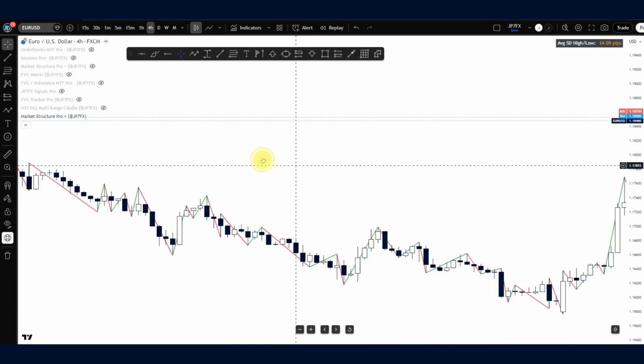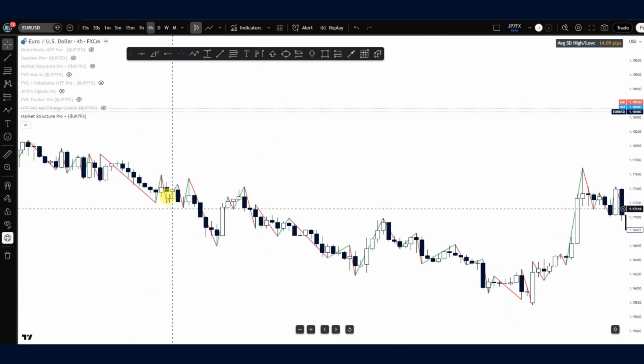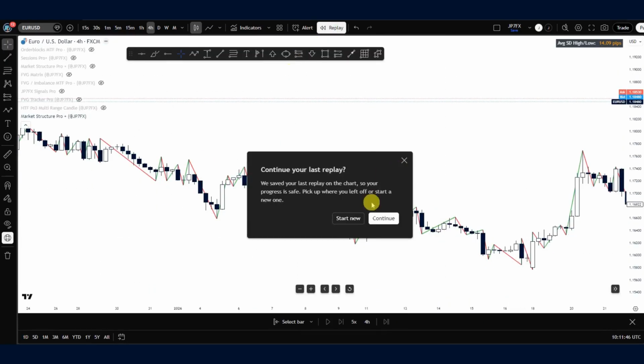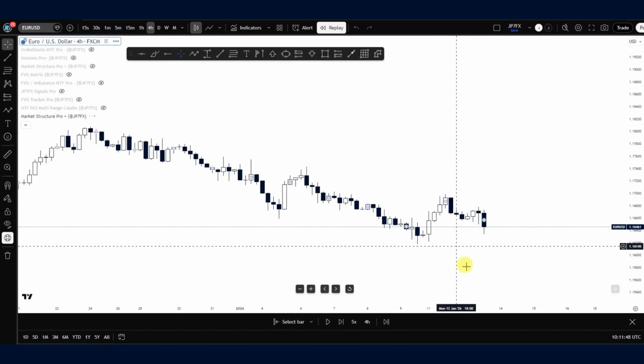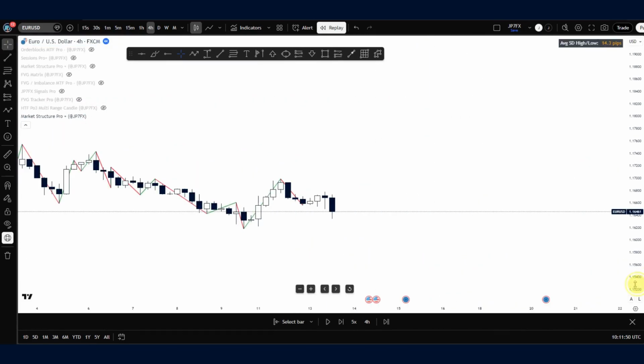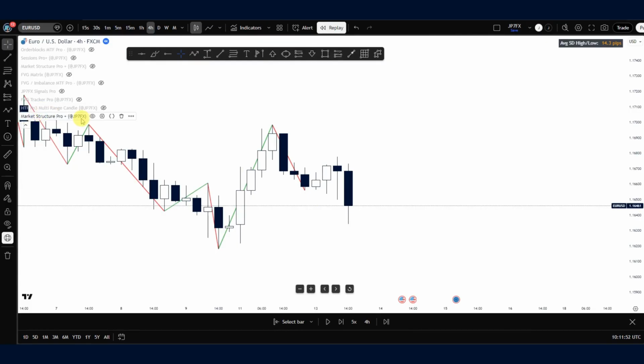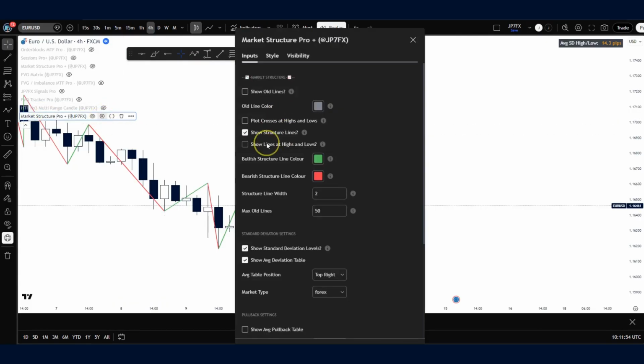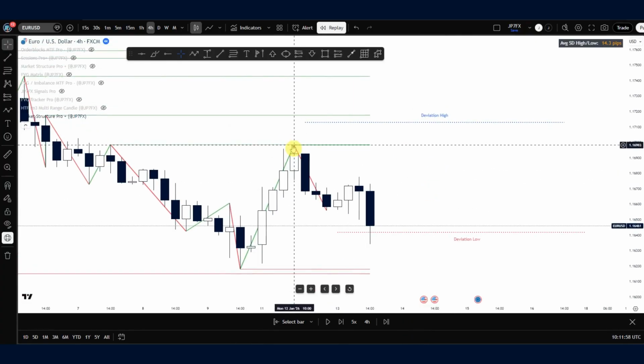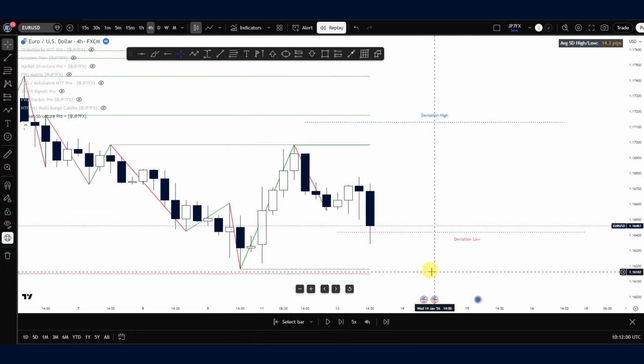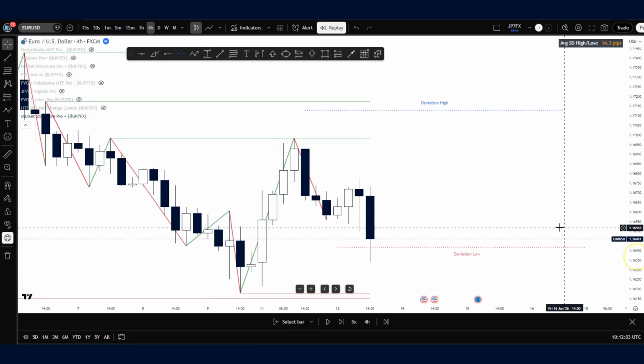Let's use here for example. If we now have lines at highs and lows, these are potentially our liquidity levels, okay?